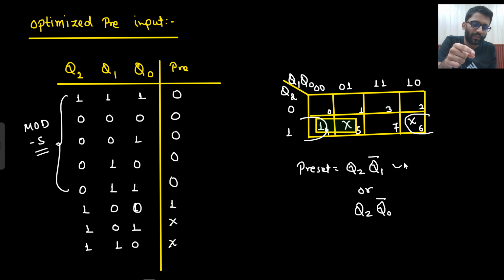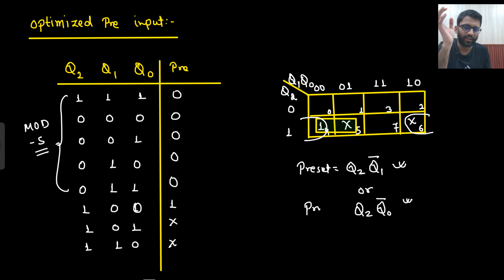So these two possible outputs are there. This one and this one, right? If I take this loop, Q2 is constant and Q1 bar is constant, and if I take this loop, then Q2 dot Q0 bar. So these possible outputs are there for preset.